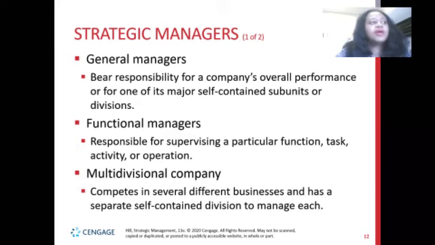So let's just think of Procter and Gamble having a household cleaning products division, and then having a commercial cleaning products division. Both of those divisions are making products that are in the same industry, but they could still be separate business units. And whomever is in charge of those different business units would be the general managers for those different business units.